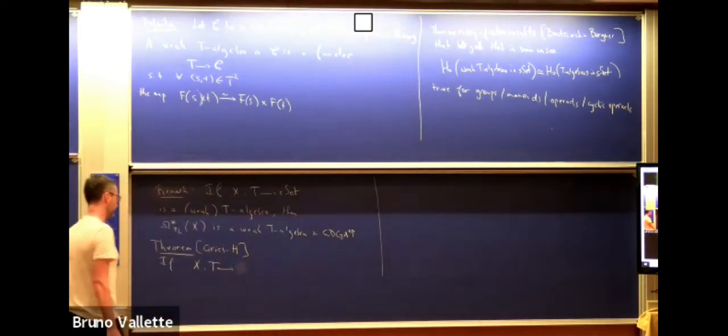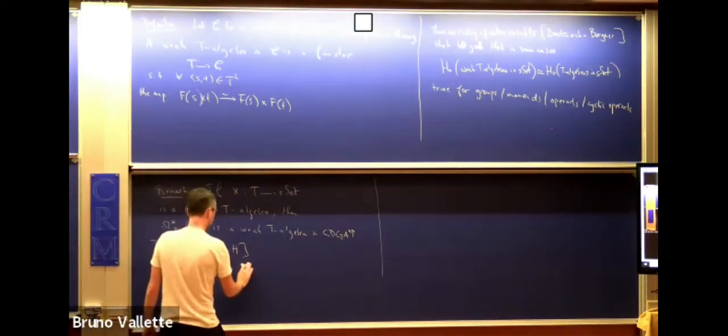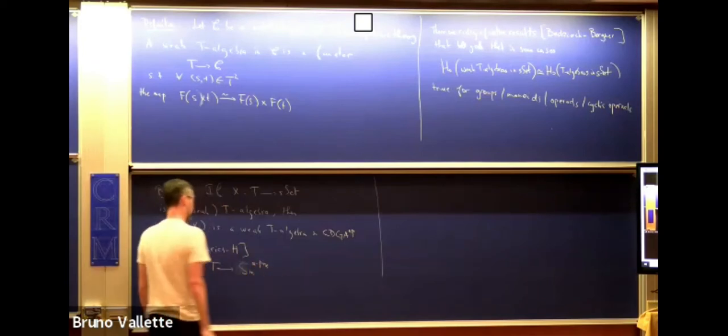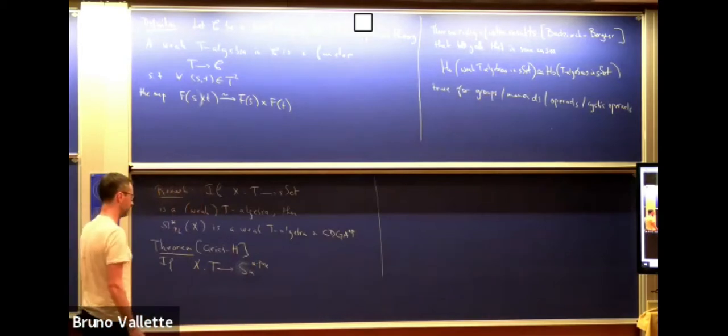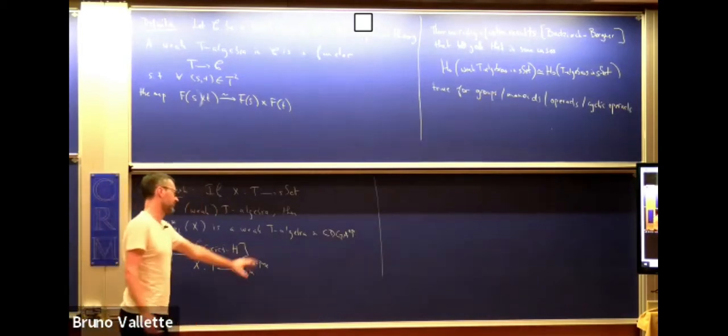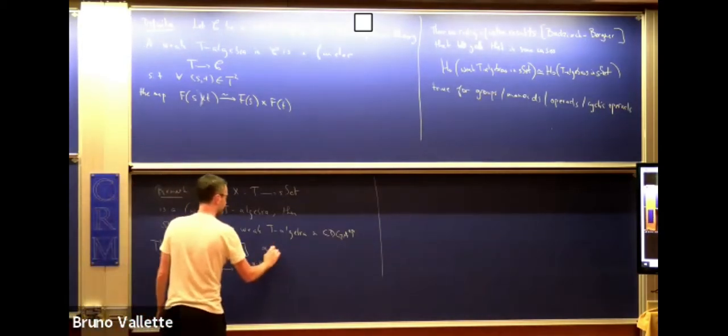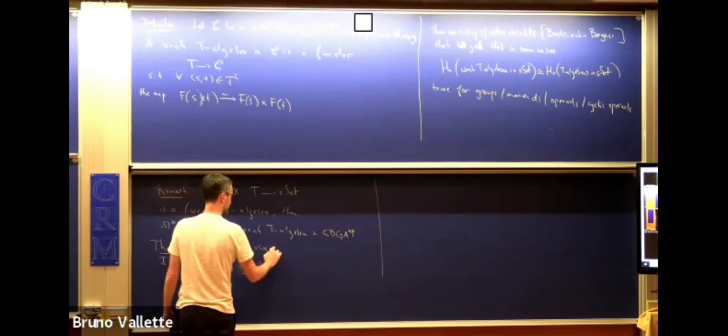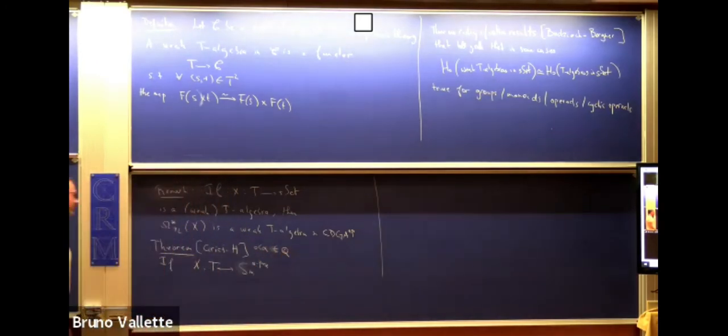So let's say a T algebra in smooth α-pure schemes over C, the category I had yesterday, where α is a strictly positive rational number.